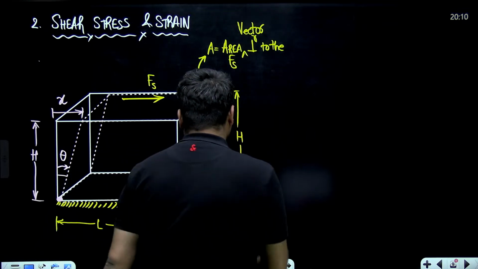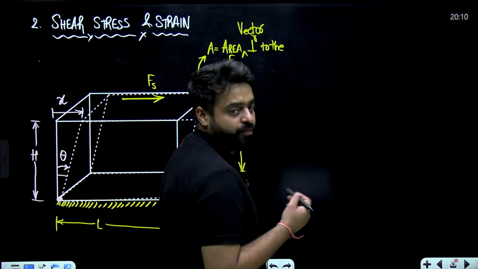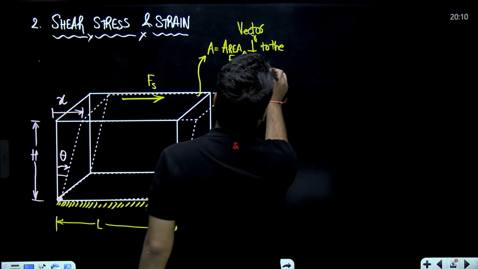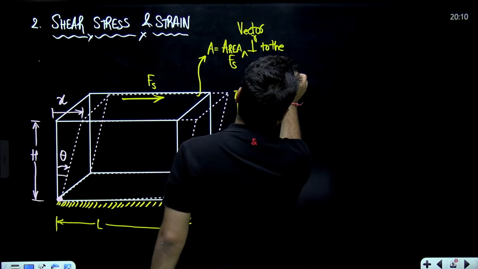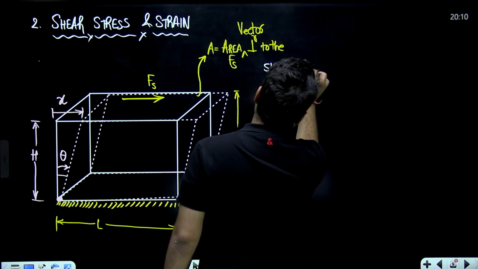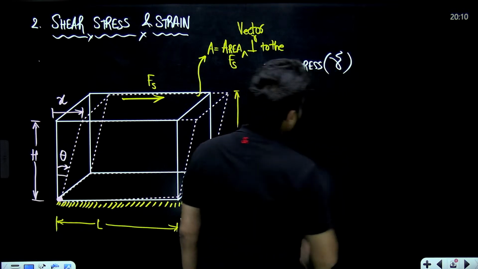And from here they define one of the most beautiful parameters, that is called shear stress. The symbol is tau.